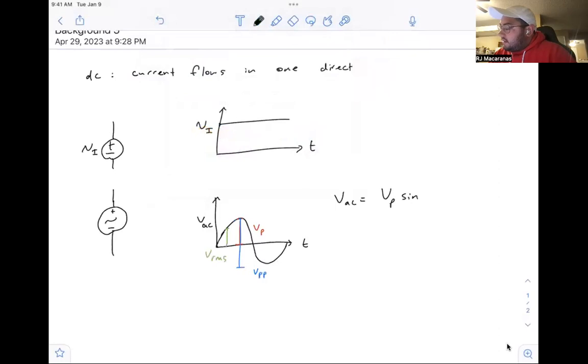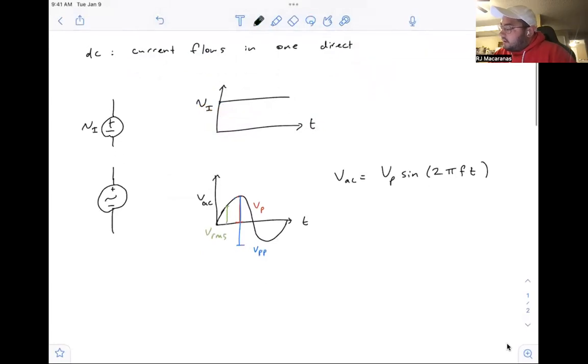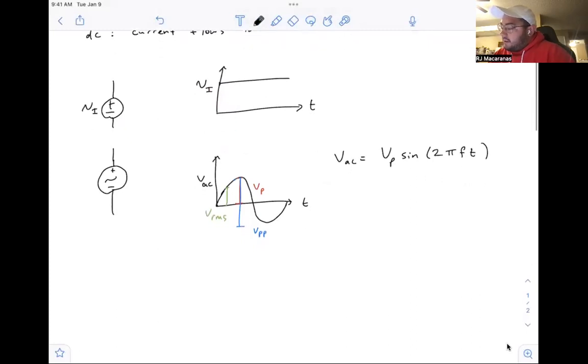So sine of some 2 pi ft or omega naught or omega t, however you want to specify the frequency. And if you specify it in terms of peak to peak voltage, your amplitude would just be cut in half here.